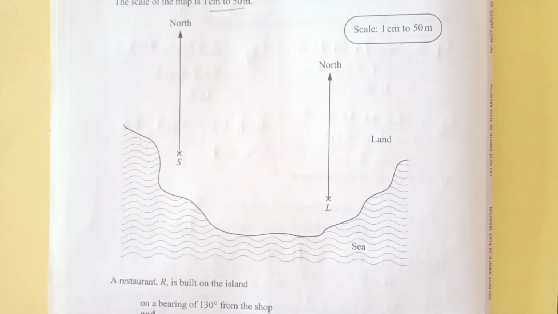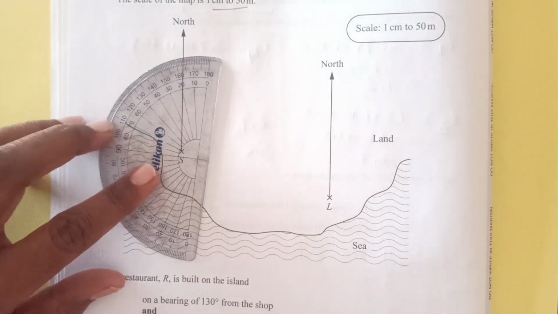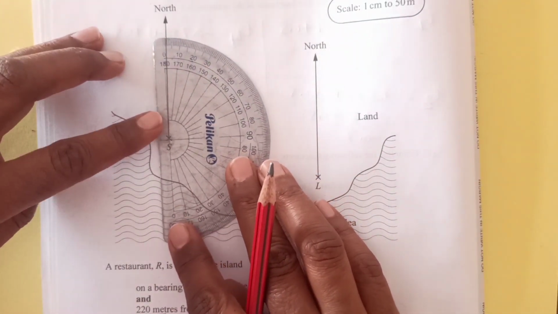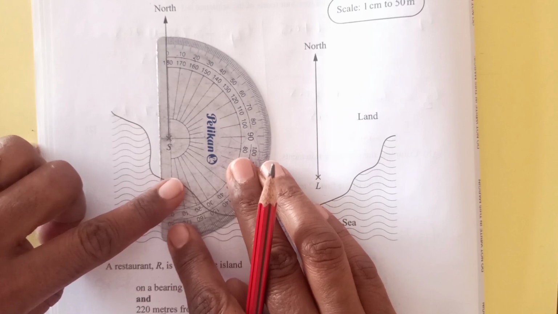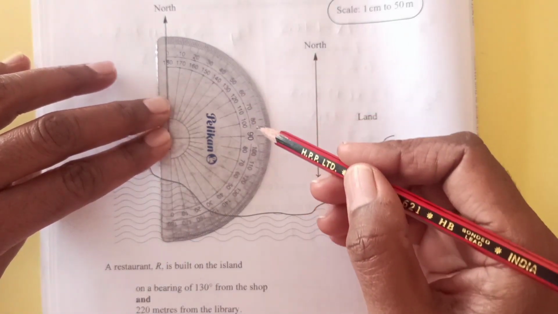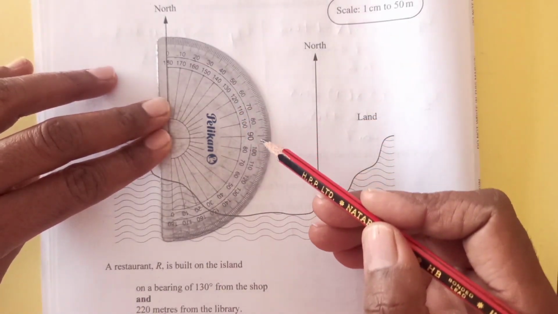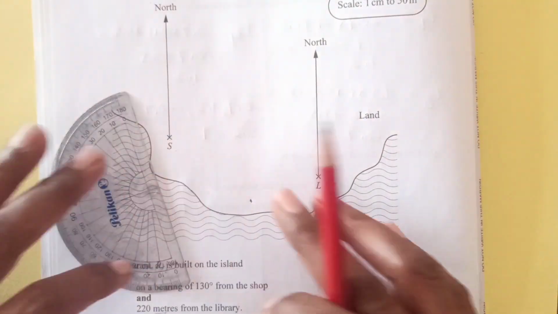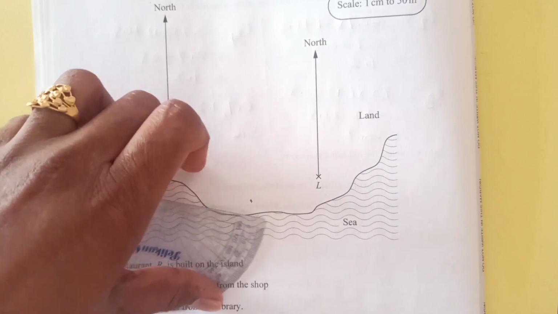Now first of all we have to make an angle of 130 at this shop. 130, 120, this is 10, 20, 30 here, right? So we are going to make a line here.